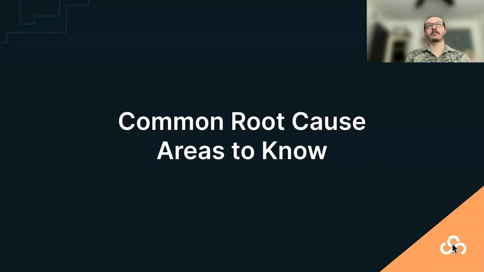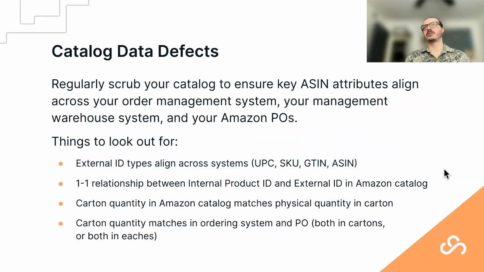So from here, we're going to dig into some more of the common root cause areas. We've given you, again, a very high level step or rubric in how to start this process for shortages. Now, as far as understanding some of the key areas and why they're important, I'm going to spend a little bit more time here explaining these in some more detail.